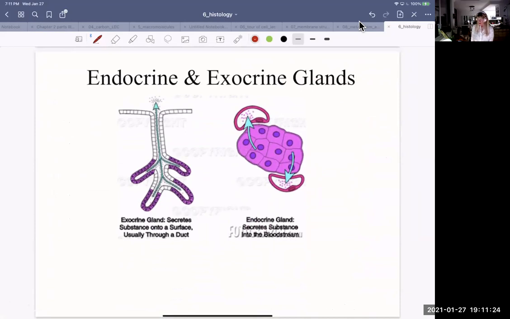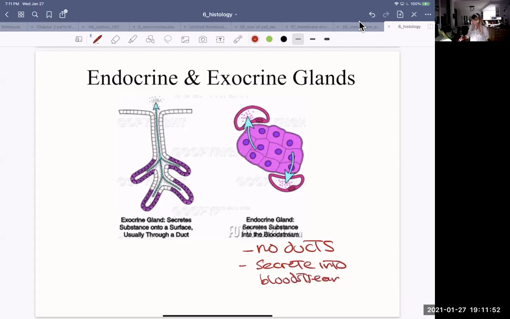I'd like to distinguish between 2 different kinds of glands, endocrine and exocrine glands. Endocrine glands have no ducts. So endocrine glands secrete product into the bloodstream, such things as hormones.